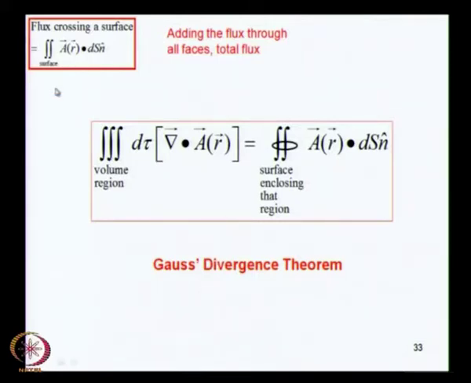Then we defined what flux is. We had to define the flux in terms of the scalar product of the vector field with a directed, oriented area. So, we defined how to orient an area, we constructed this dot product, the scalar product, and then we added it up to get the surface integral.